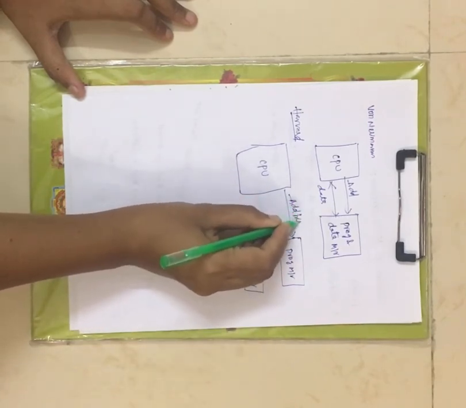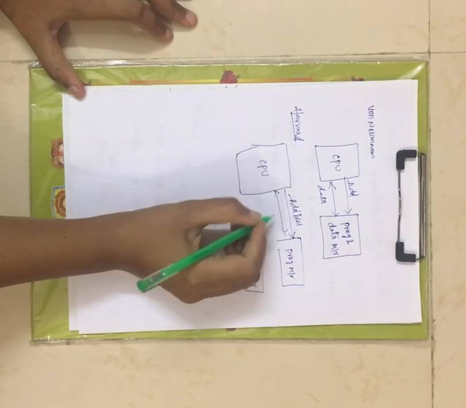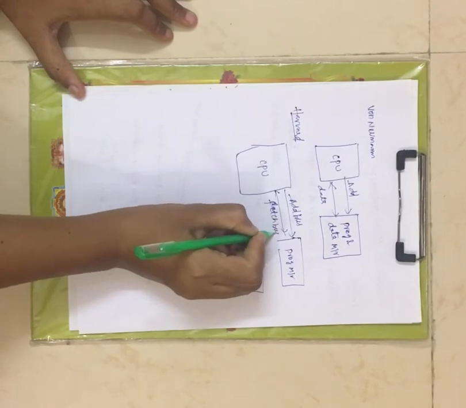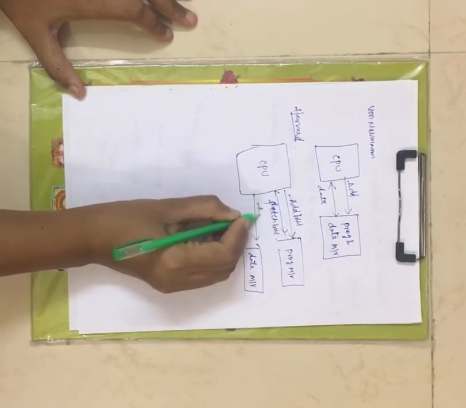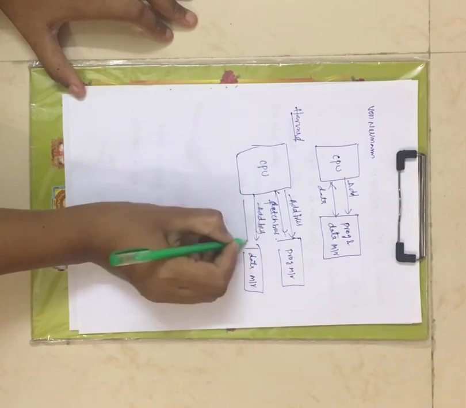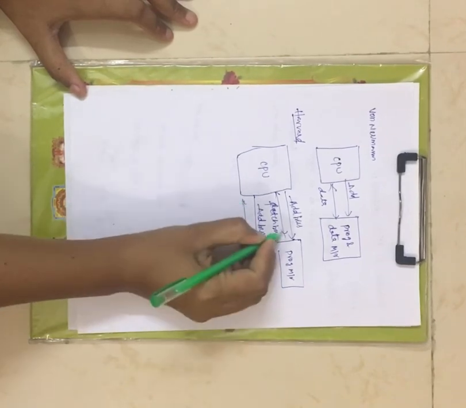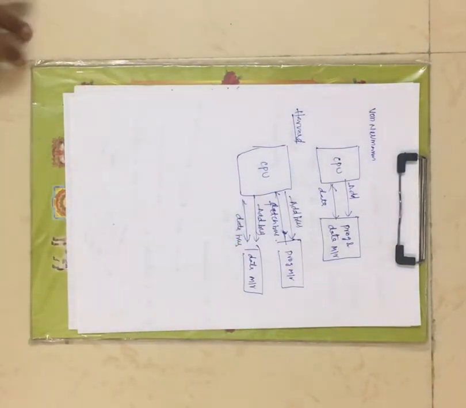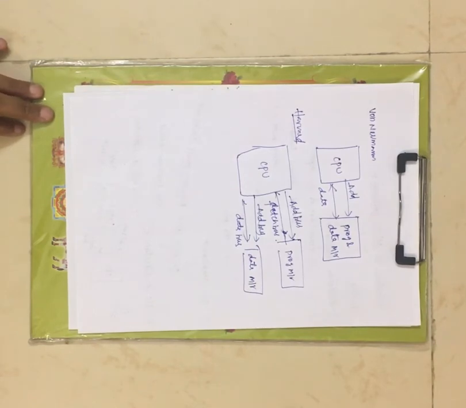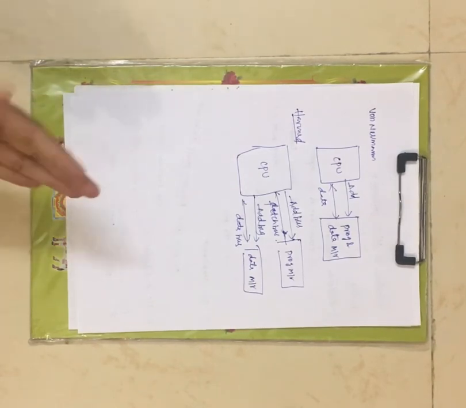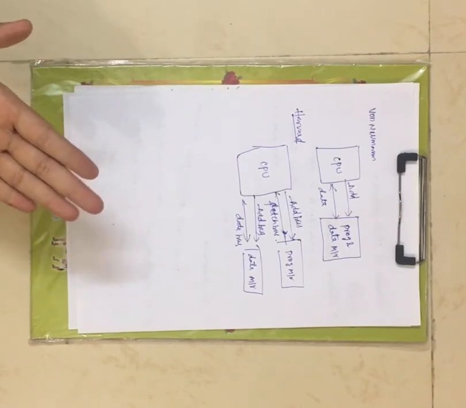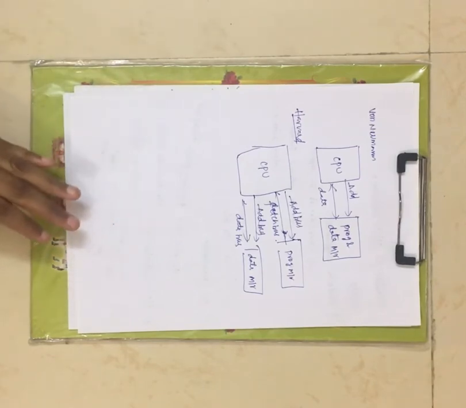We have an address bus and a fetch bus for your program memory, and here also you have an address bus and a data bus. This structure has separate storage for program and data. That means you are separately storing the set of instructions and the data.